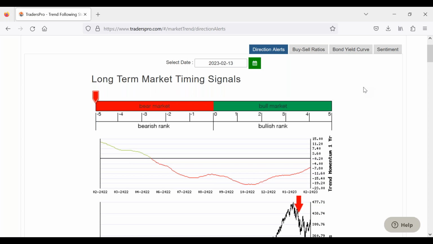Like I said, you can find evidence out there to support whatever your bias is, and you want to make sure you're not falling into that trap of finding something to confirm your bias.